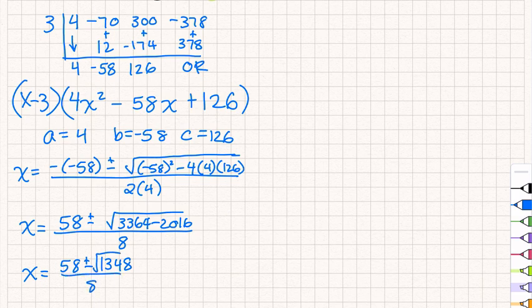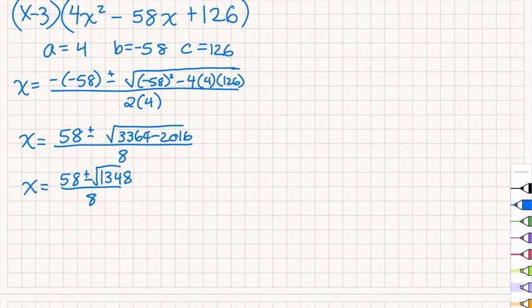Okay, so we're going to simplify this, and we end up with x1 is 11.8 and x2 we get 2.7.